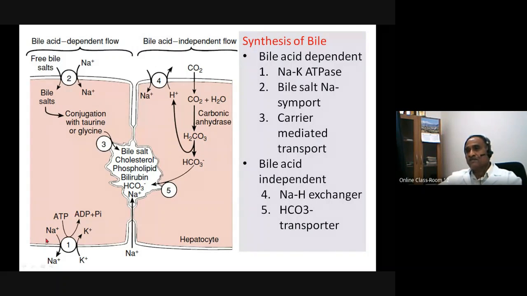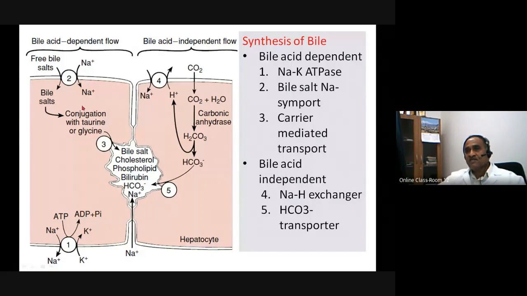Because of the sodium potassium ATPase, there is a gradient of sodium. Look here, the sodium enters, and this is the sodium bile salt co-transporter, which imports bile salts. Because the sodium is less inside and more outside, the sodium enters in along with the bile salts.